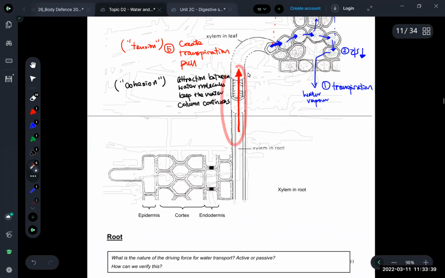Is this osmosis? Yes or no? Type in the chat box, send it out now. Is this process osmosis? And why? Why or why not?